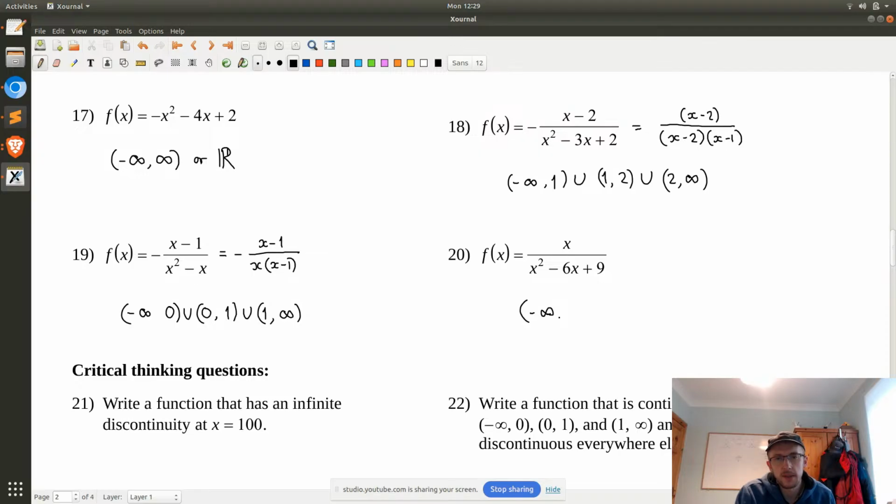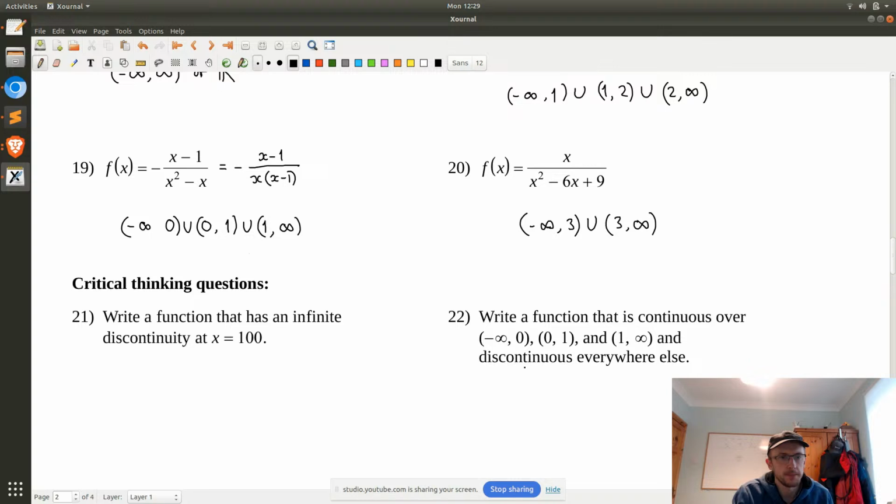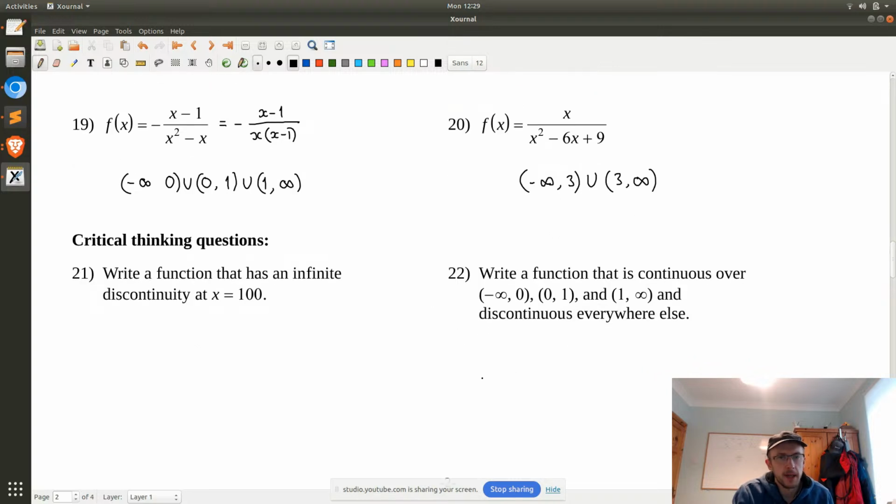Negative infinity to 3 unioned with 3 to positive infinity. But we must check. Okay, that's valid.